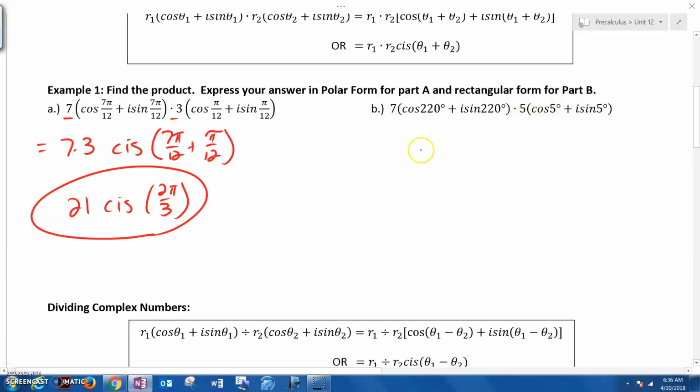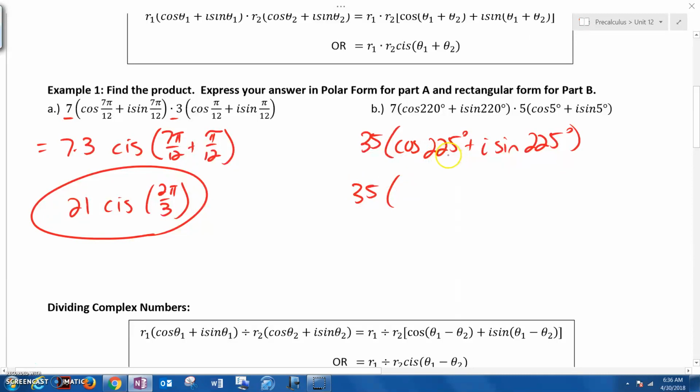So let's do it again over here. To go to rectangular, you still have to do the initial multiplying. So 7 times 5 is 35, cosine of, if you add those angles together, you get 225, plus i sine of 225. That would normally be the answer if we left it in polar, like the last one. But we want rectangular, so we have to turn those into what they are on the unit circle.